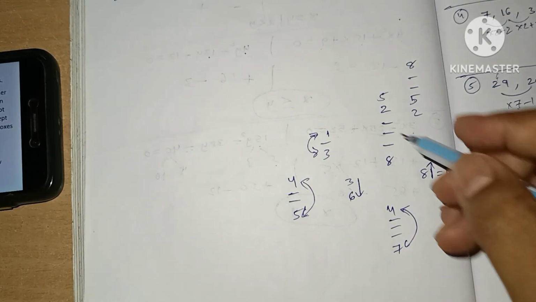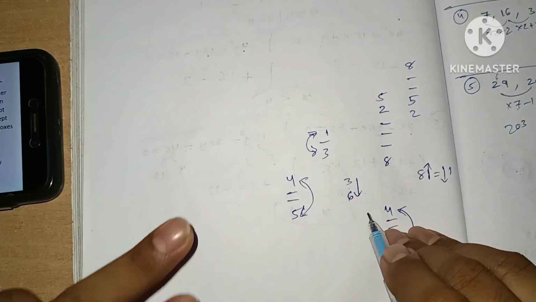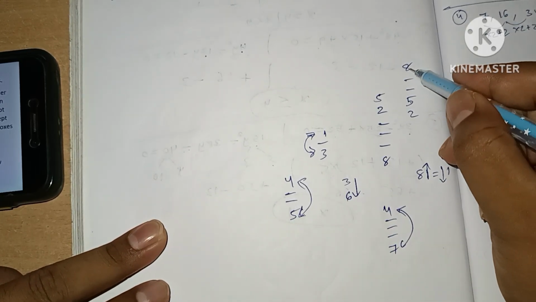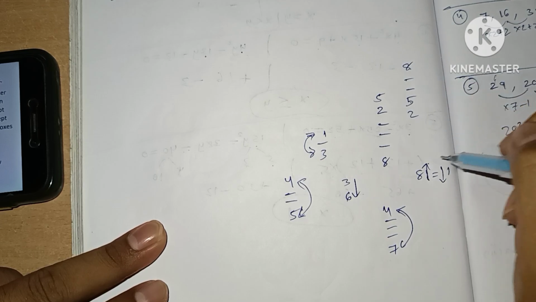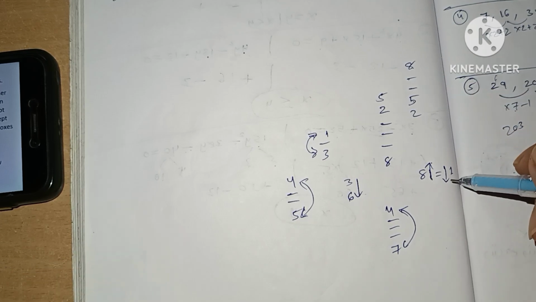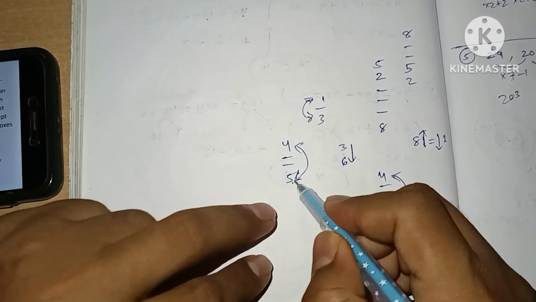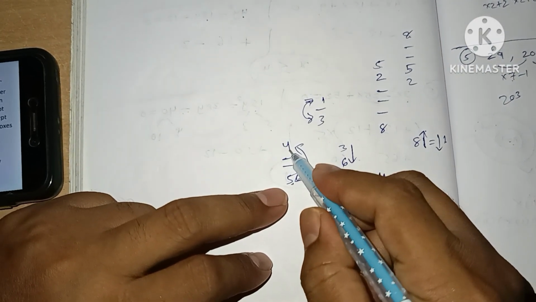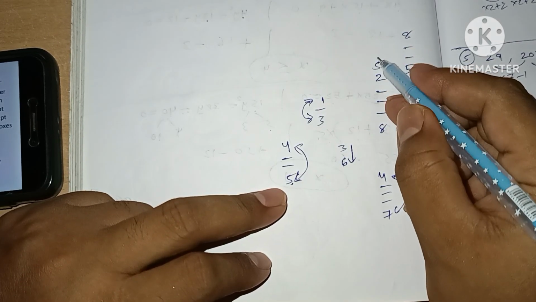So starting from these two possibilities, here we have 8. If we have 8 on the top, there is 1 below. We have 5 here and 5 here. If we have 5 here, then we can get 4. So we cannot place 4 on the top.